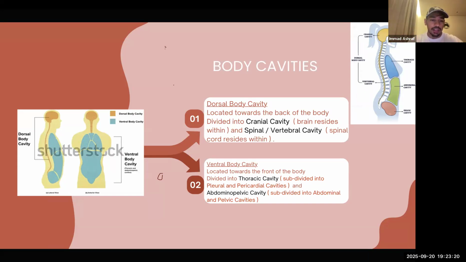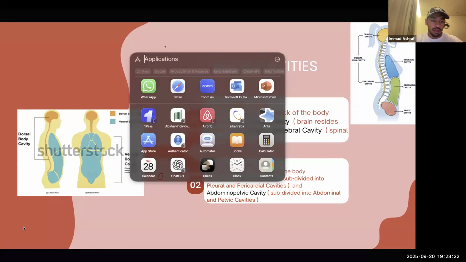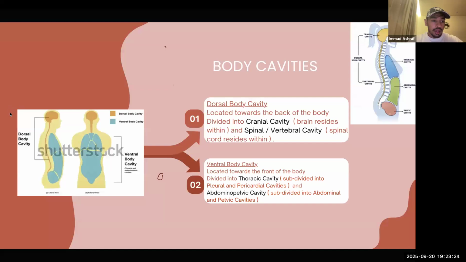We have this really nice image here. In this, you can see what's coded as blue is your ventral body cavity, and what's coded as orange is your dorsal body cavity. Your dorsal body cavity is divided into two further cavities. The first one is the cranial cavity, which explains itself.